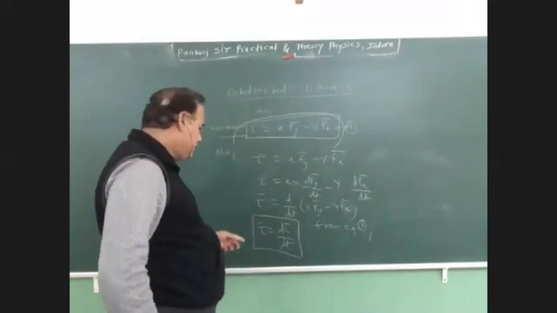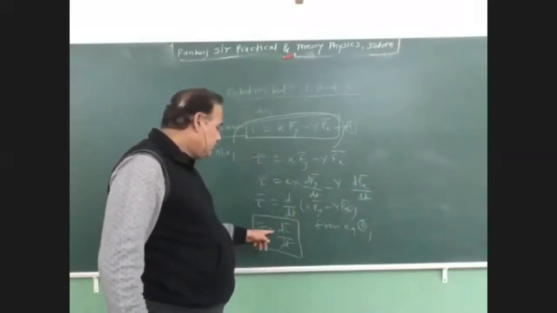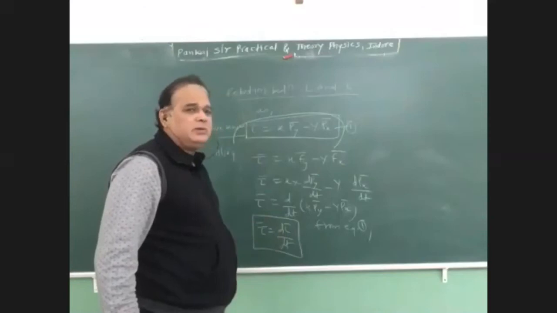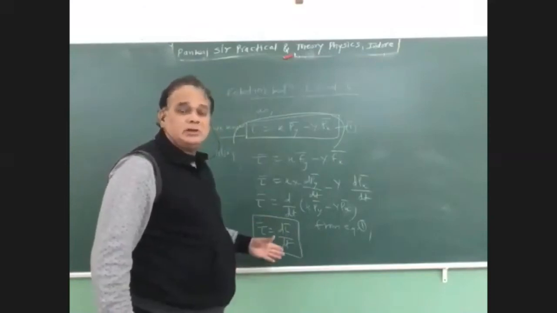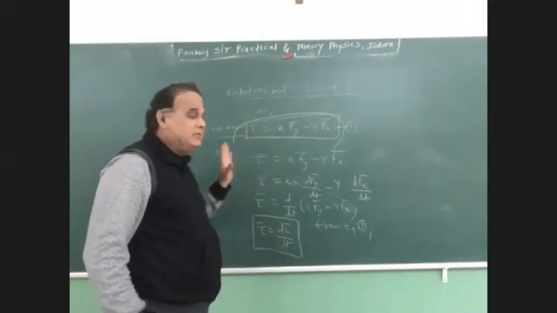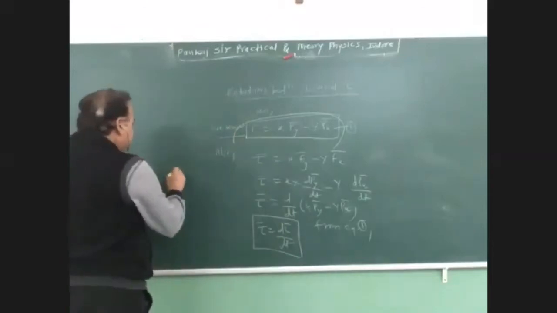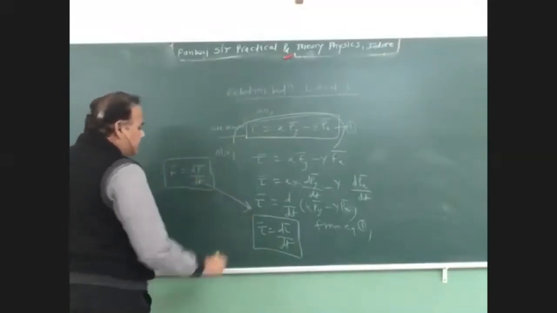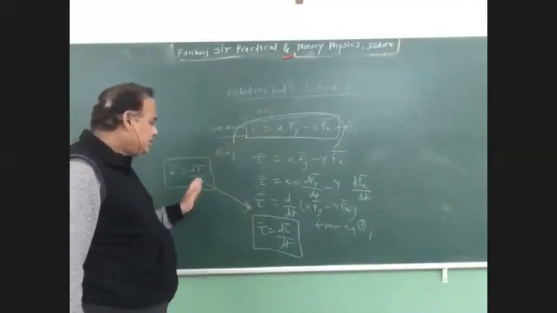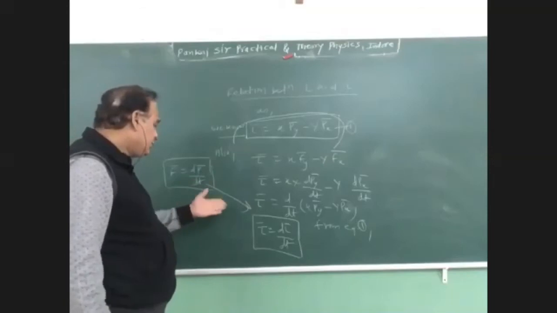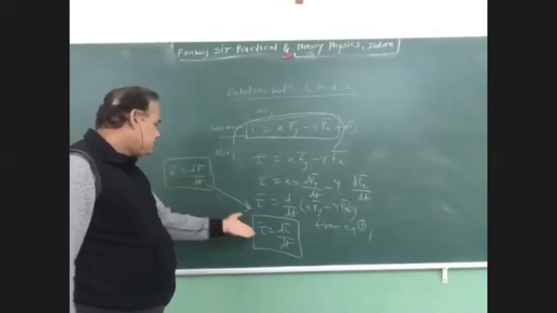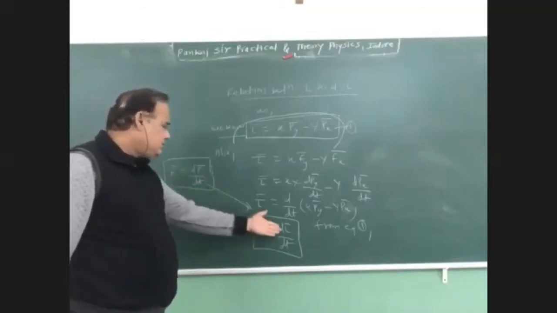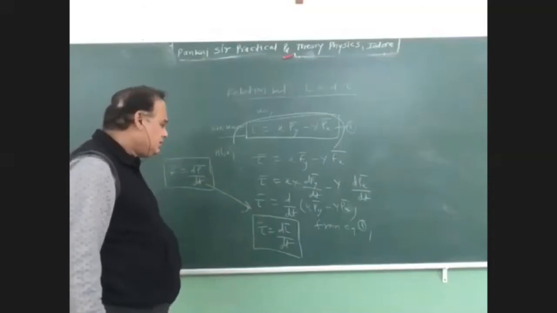It means torque is equal to the rate of change of angular momentum in rotational motion, whereas in linear motion force is the rate of change of linear momentum. So look here, there is a symmetry, they are symmetrical. Here force is replaced by tau, so linear momentum is replaced by angular momentum.